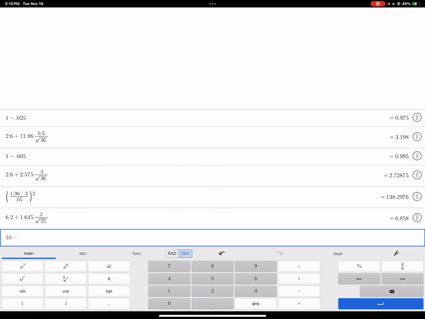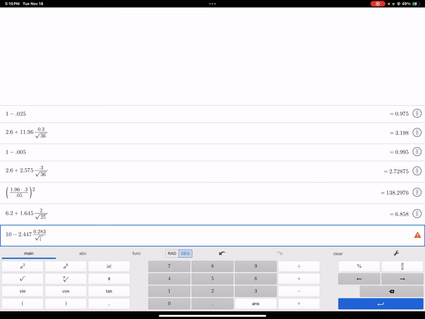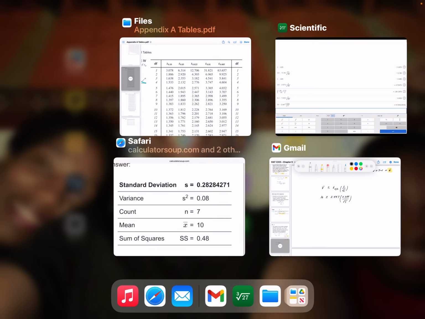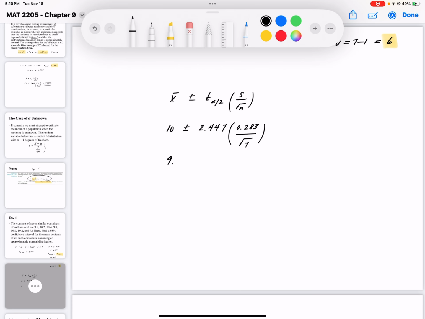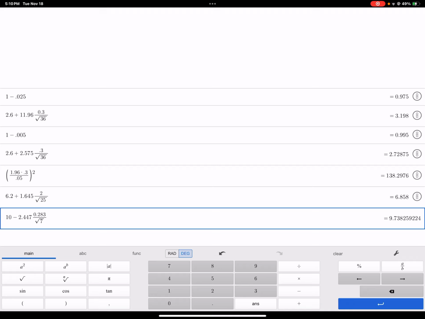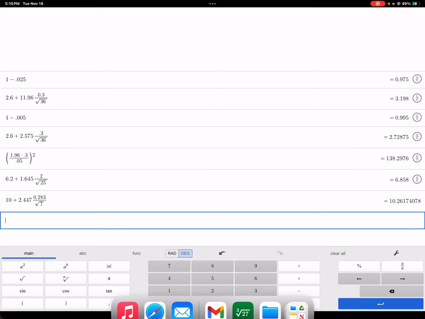10 minus 2.447 multiplied by 0.283 divided by the square root of 7. Lower bound 9.738. Upper bound 10.263.